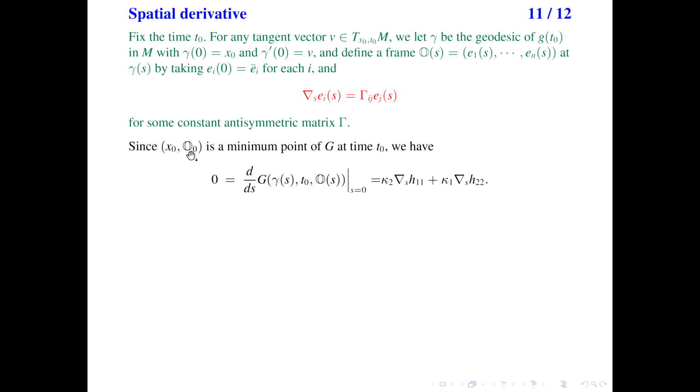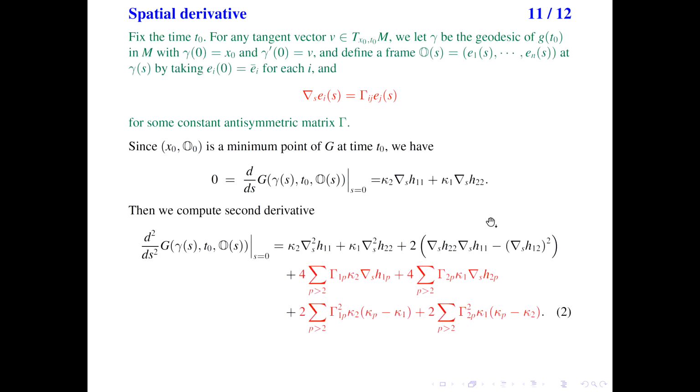Because x0 and O_0 is a minimum point, the first derivative of this function G vanishes when s is 0. This gives an equation on the first covariant derivative of the second fundamental form. Here ∇h_11 means the covariant derivative of h_11 with respect to the direction nu.